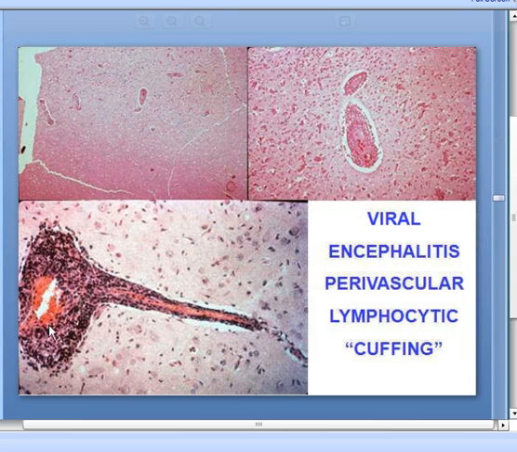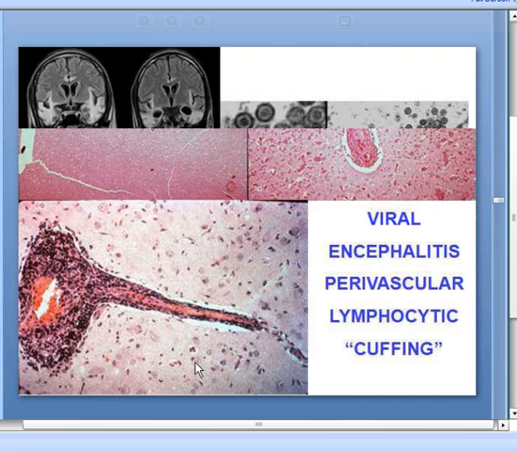But look, when you see a blood vessel in which there's an infiltrate of chiefly lymphocytes, maybe a couple macrophages, in this theoretical space surrounding the intraparenchymal blood vessels, this is encephalitis. And it's usually viral as well.